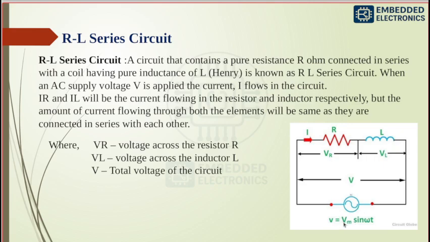V means Vm sin omega t. IR and IL are the currents flowing through the resistor and inductor respectively, and VR and VL are voltages. VR is the voltage across the resistance and VL is the voltage across the inductance.